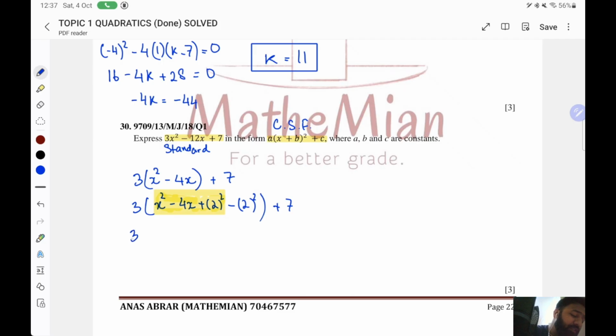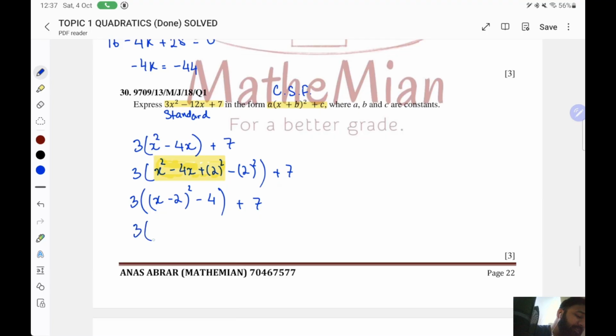So 3 bracket x minus 2 whole square minus 4 plus 7. Now if you expand, it will be x minus 2 whole square minus 12 plus 7, and the final answer will be 3 bracket x minus 2 whole square minus 7 minus 5.